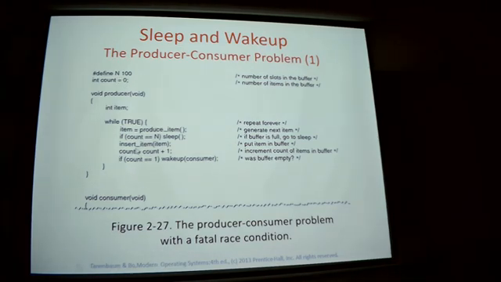And now we have put an item into it, so now the count is equal to 1. It means there is an item in the buffer, so we should wake up the consumer. Now the consumer can fetch items from the buffer.